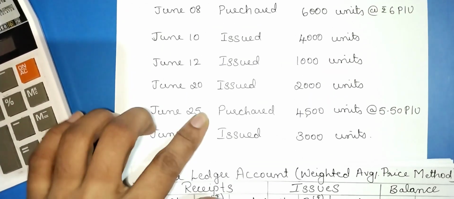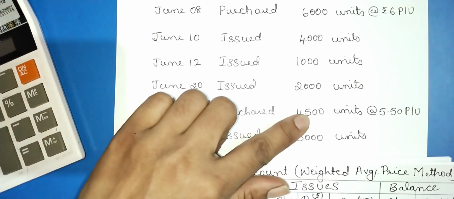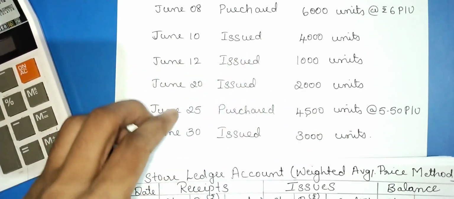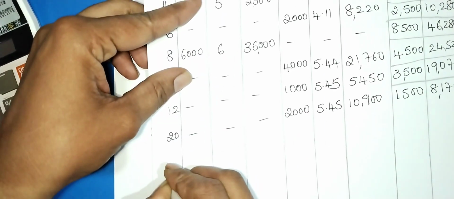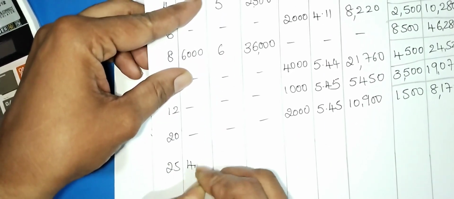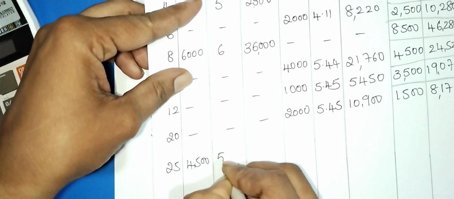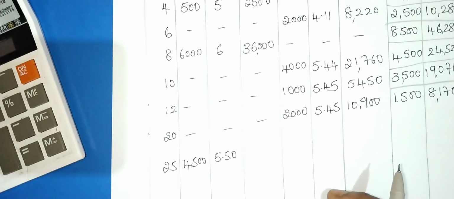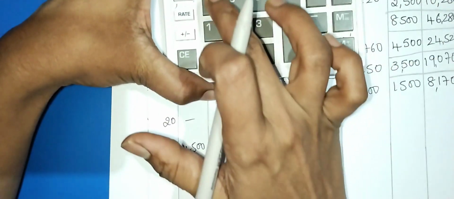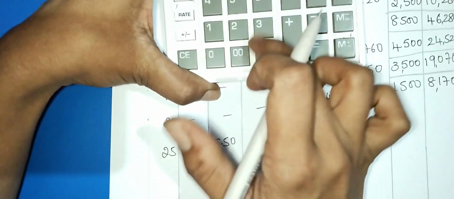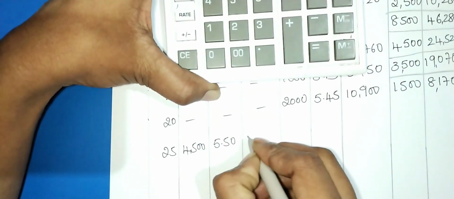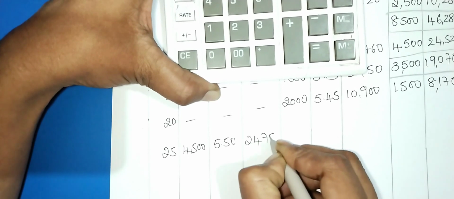Next transaction is on 25th. Purchased 4,500 units at rupees 5.5, that is 5 rupees 50 paise, right? So 4,500 into 5.5 is 24,750.